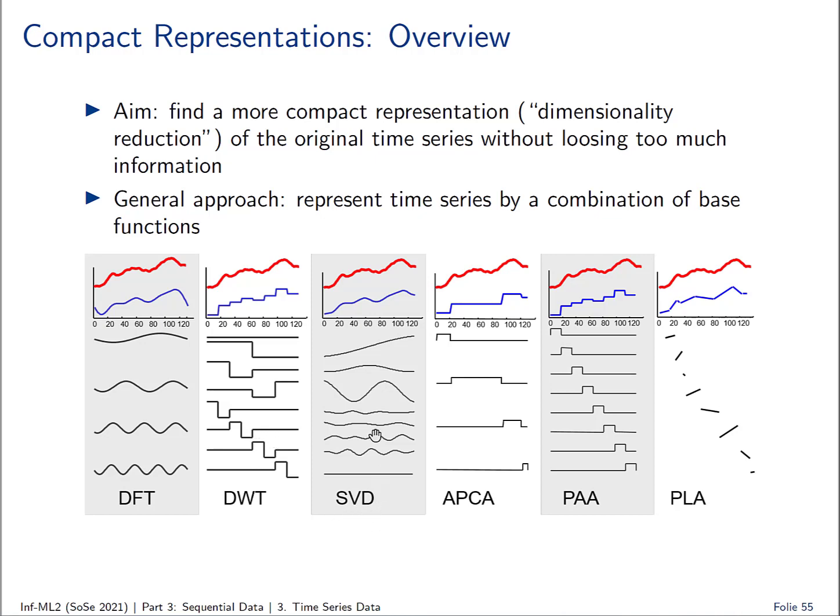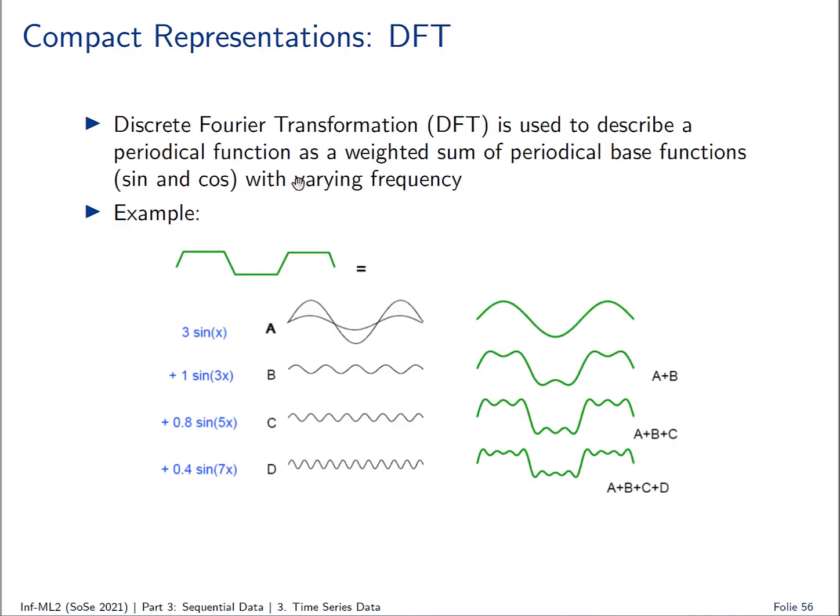Singular value decomposition can be done with these. Then we're talking about eigen curves, and so on and so on. So we'll see that now in the following. So the first one here is DFT, discrete Fourier transformation. So the base functions are parametric functions like sine and cosine, with different frequency.